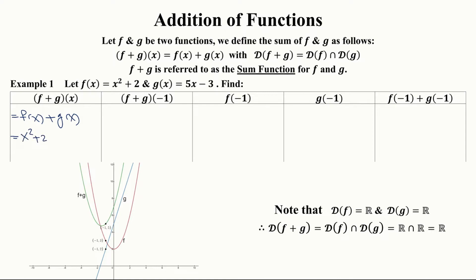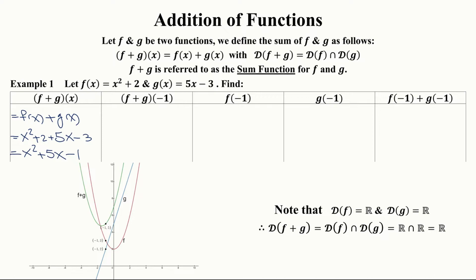And for g of x, we substitute 5x minus 3. And now, if possible, we go ahead and simplify that expression. And we end up with x squared plus 5x minus 1. Okay, so that is the result of applying the sum function for those two functions.